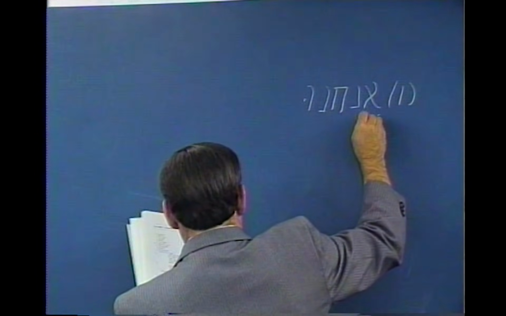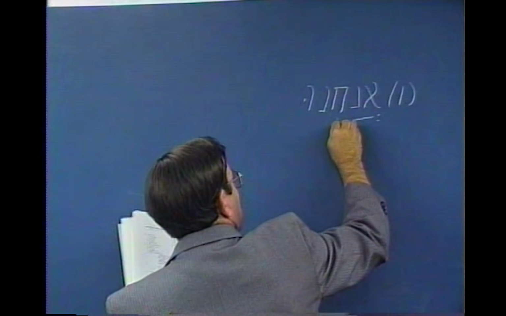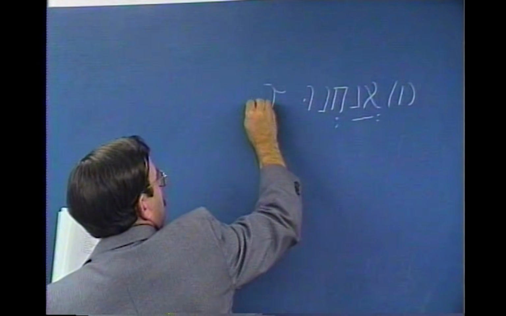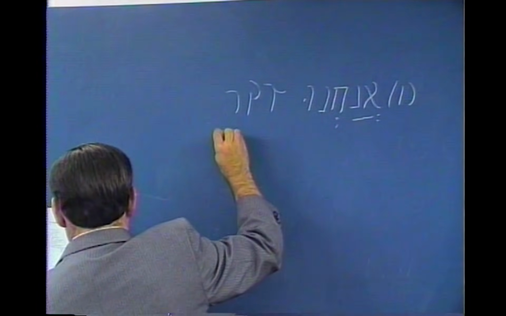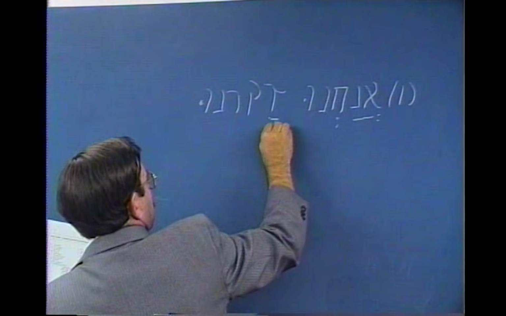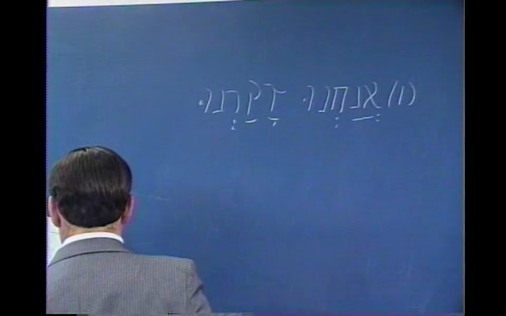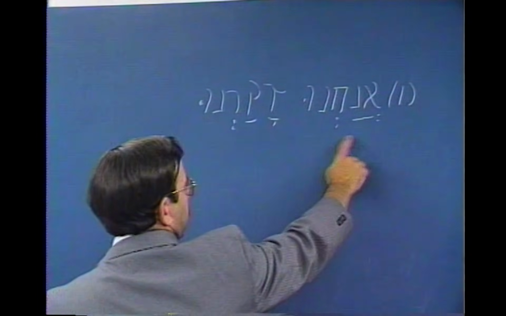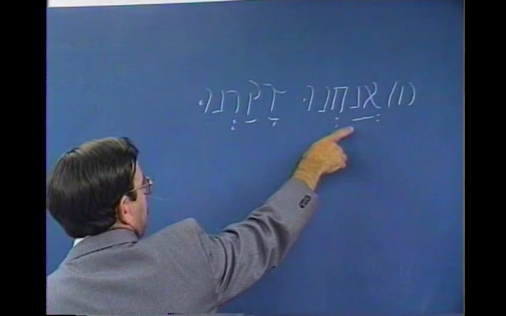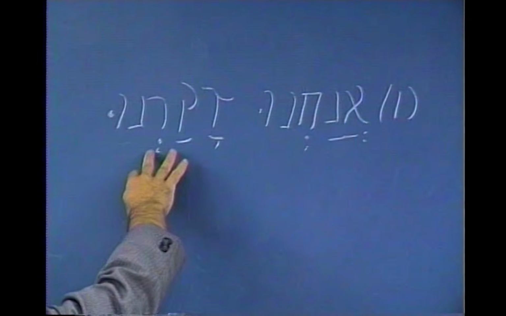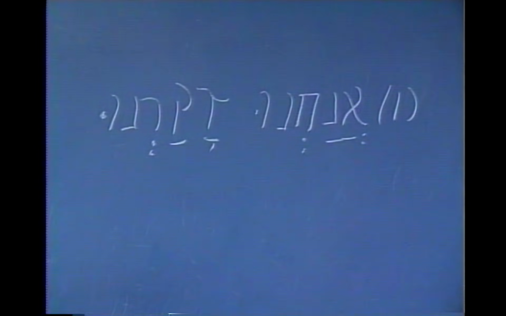Composite shva, anachnu, and remembered, zakarnu. Zakarnu, like that. So we remembered, and when you write it this way, we're emphasizing that we are the ones that remembered. If we had this all by itself, that would say we remembered all by itself.